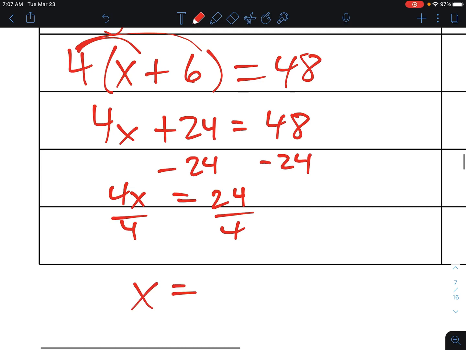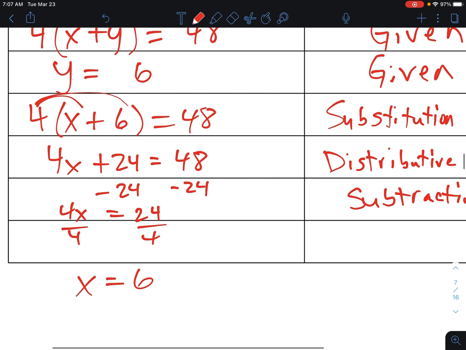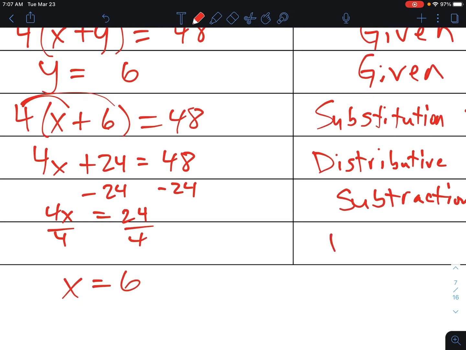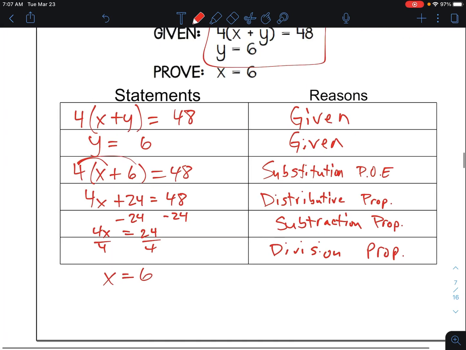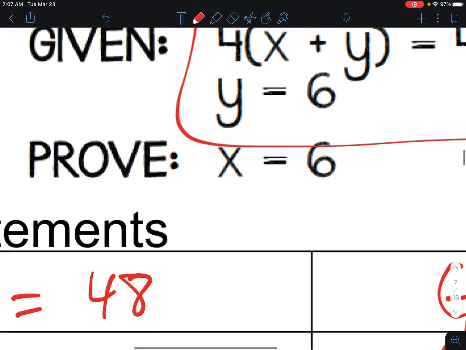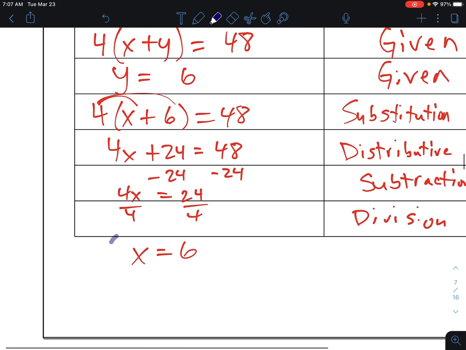We get x is equal to 6, and that was the division property. How do you know when you're done? When you get that in the last box, right? That should be the last thing in there. What you prove is the very last thing.